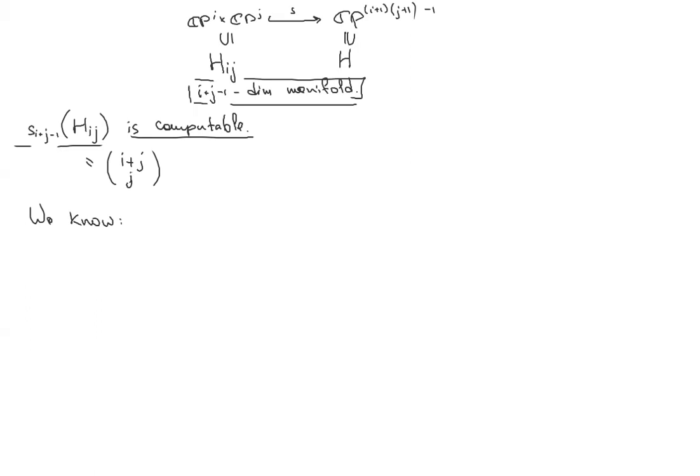We know the normal bundle of Hij inside of CPI times CPJ. Well, we know Chern classes, for example.